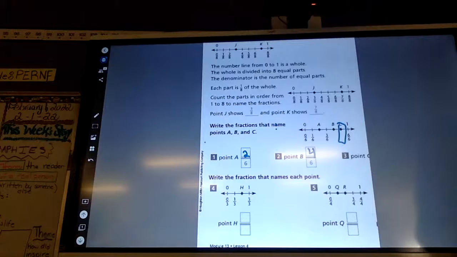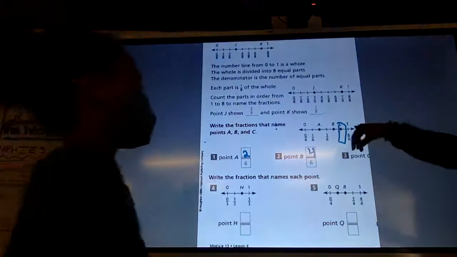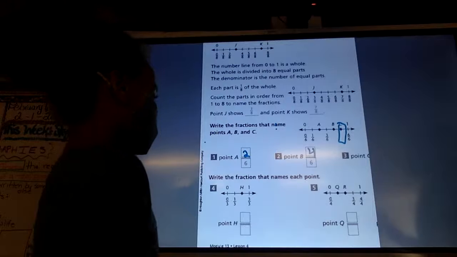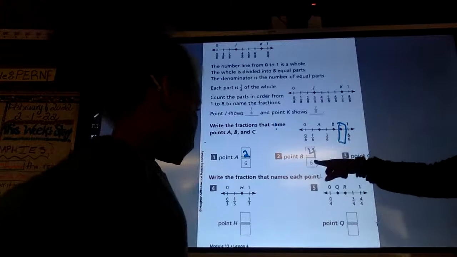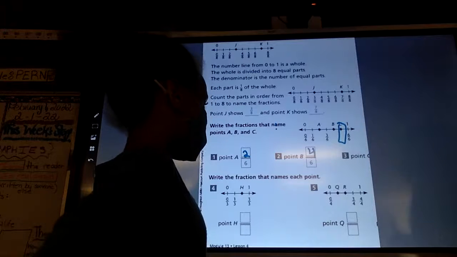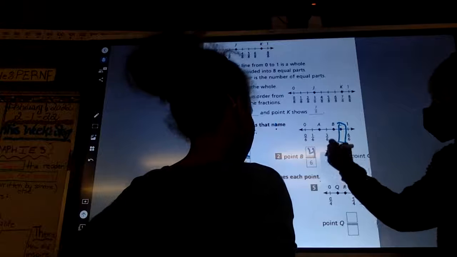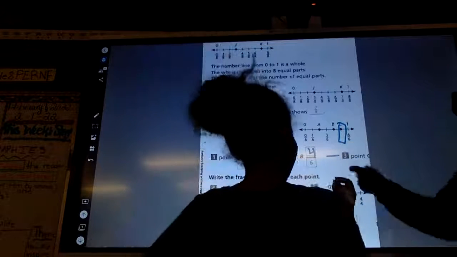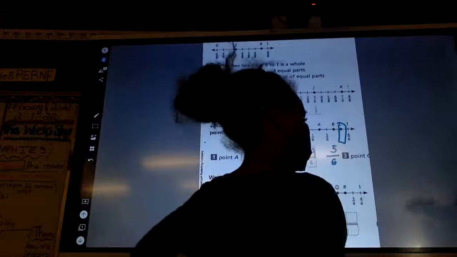Okay, Kaylin, come on up. All right, so before I give you the marker, you have to tell me with your words what point C would be. So we already have 1/6, 2/6, 3/6, 4/6. What comes after that? 5/6. Okay, so right in this space, I want you to write that fraction. 5/6. Okay, good. Give her a hand.